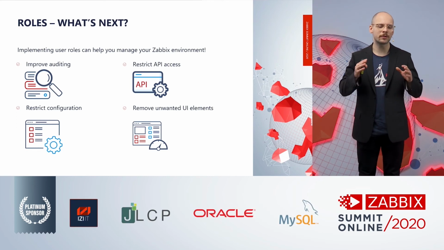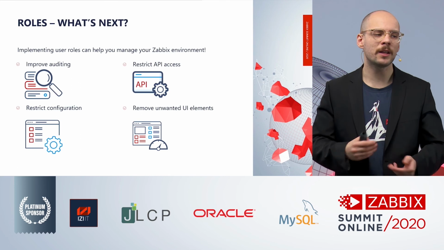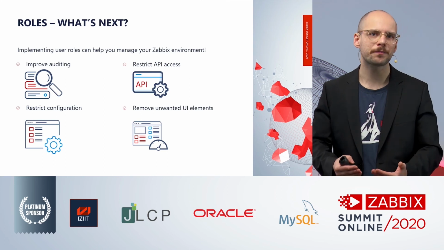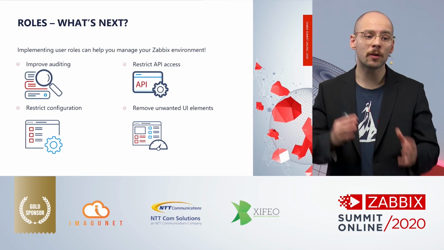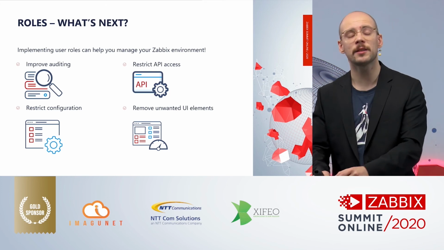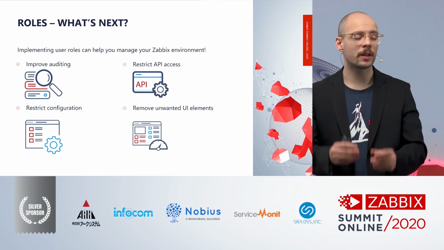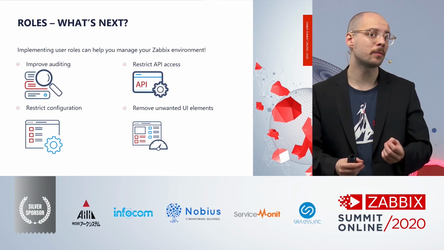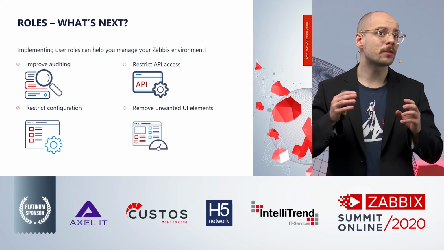Since you have restricted roles per each user, for example, it's a lot easier to understand who did what. Restricting API access. So we can not only enable or disable API access, we can restrict our users to specific methods. Once again, from a security perspective and from an auditing perspective, this is really great and really flexible. Same goes with configuration.